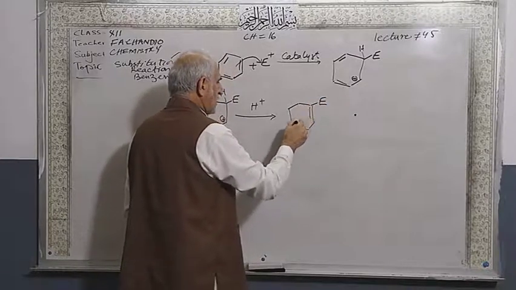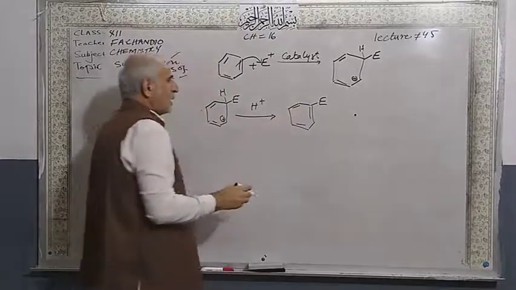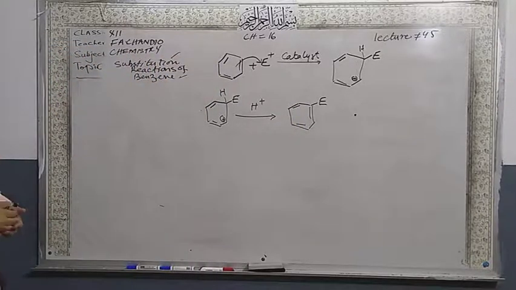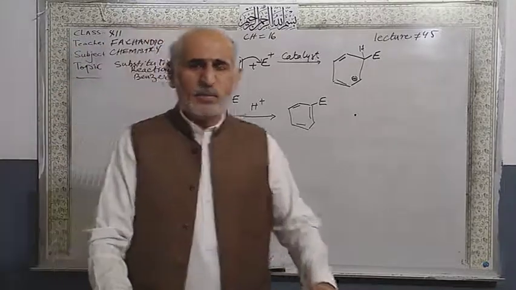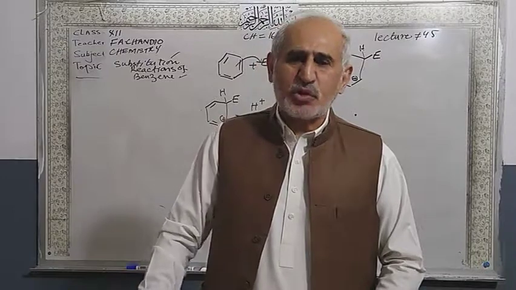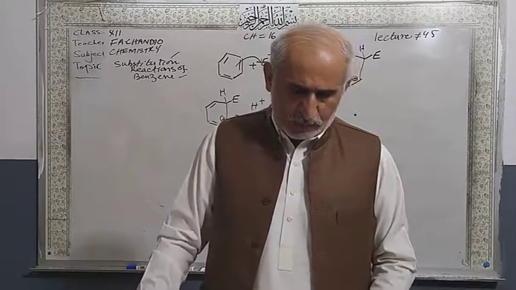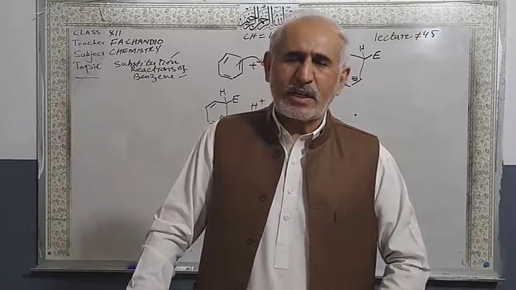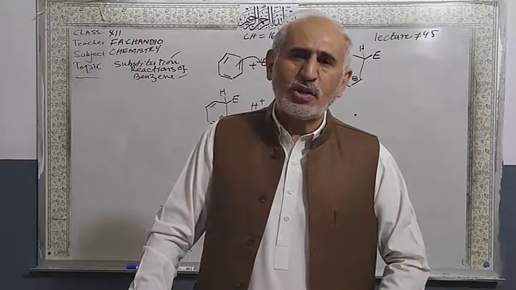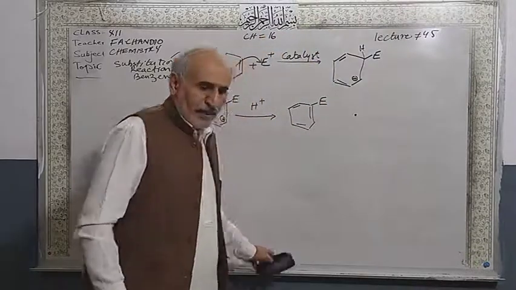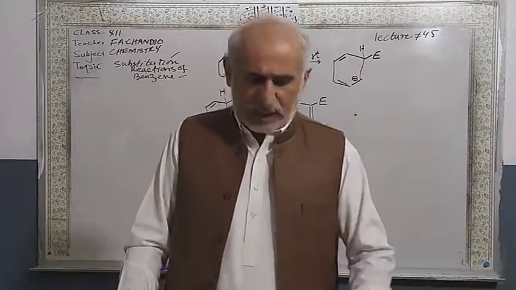The bond is re-established. So dear students, this is the mechanism of the electrophilic substitution reaction of benzene. Already I told you in the previous lecture how the halogens are substituted. Then there are many chemical reactions.